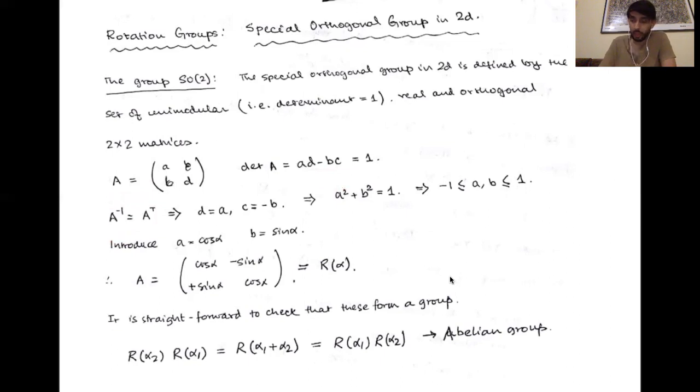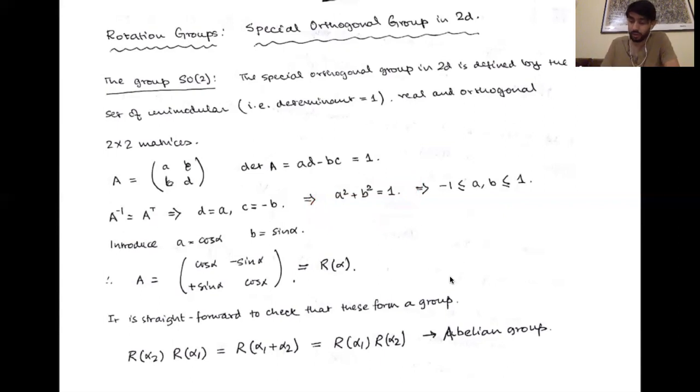Now this is going to be familiar to you, of course. A squared plus B squared equal to 1 keeps the length of a vector the same, and so this is going to be a rotation group. A and B are bounded by plus minus 1. So A squared plus B squared equal to 1 immediately says that you can label this in cosines and sines.